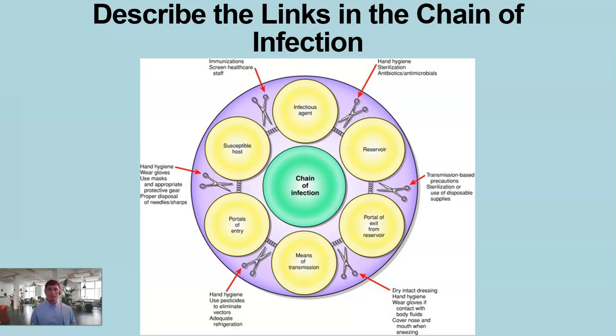The second link of the chain is the source of the infection, also called the reservoir or the host. I know this is a lot of information, but stick with me here. The reservoir can be an inanimate object, human being, or animal, or potentially insect. The inanimate objects include contaminated surfaces or equipment, medications, air, food, or water in which a microorganism can find nourishment and survive.